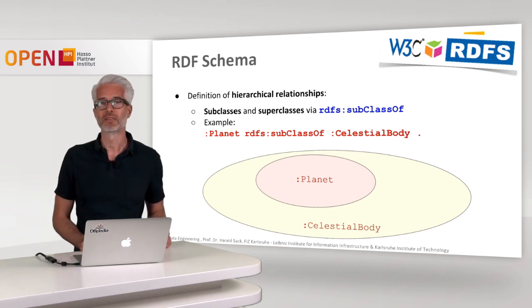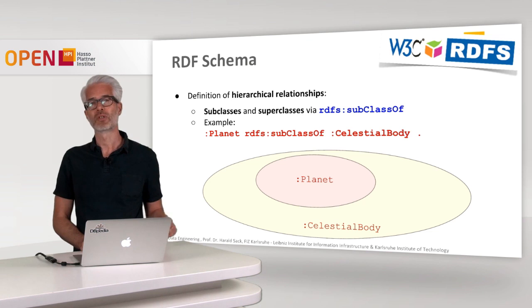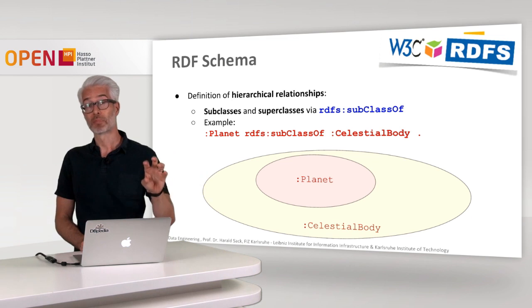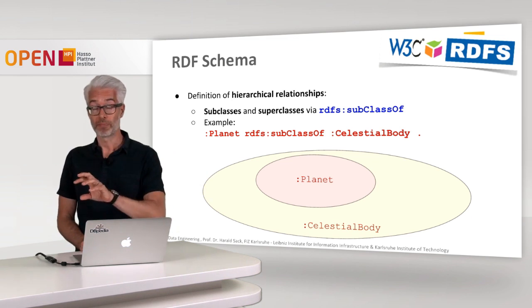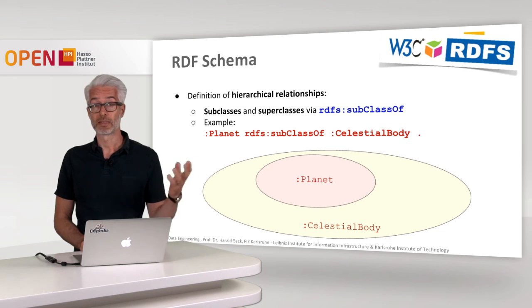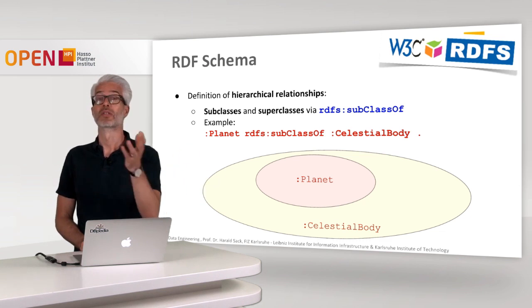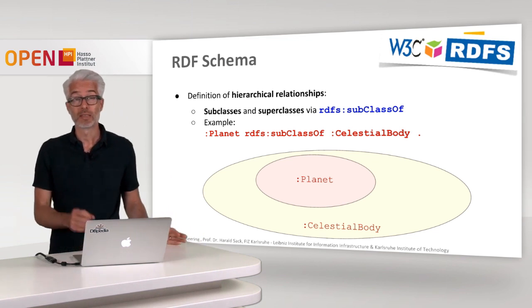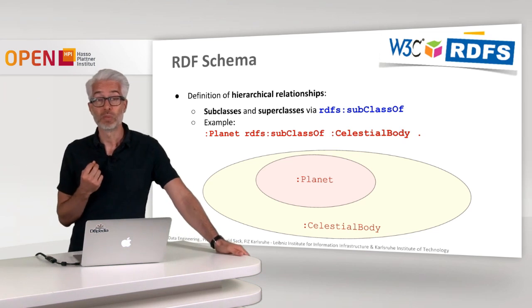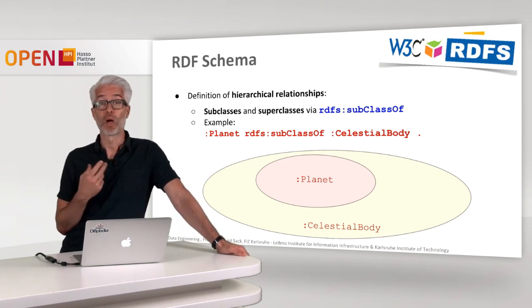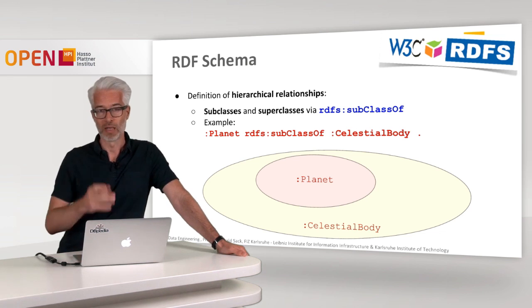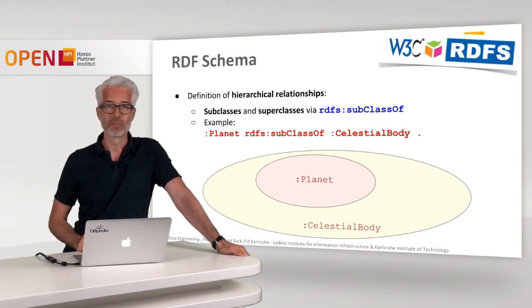As you see here in blue, this is the RDFS property, and I can define, for example, planet as a class to be a subclass of celestial body. In Turtle, simply stated as planet, rdfs:subClassOf, celestial body, period. That's it. What does it mean? It means that each instance that I define to be of type planet is as well of type celestial body, simply because planet is completely contained within the class celestial body, as you see here in this simple set diagram.